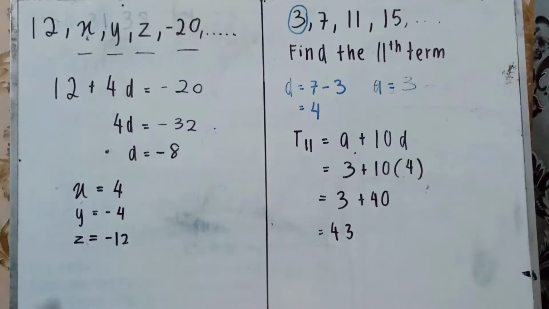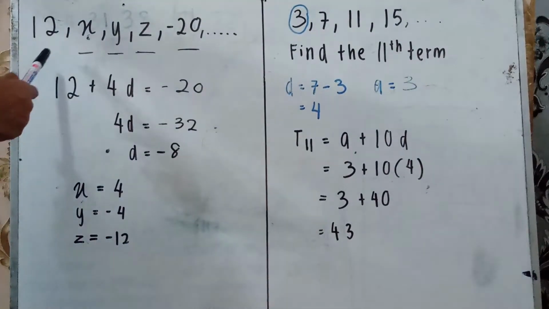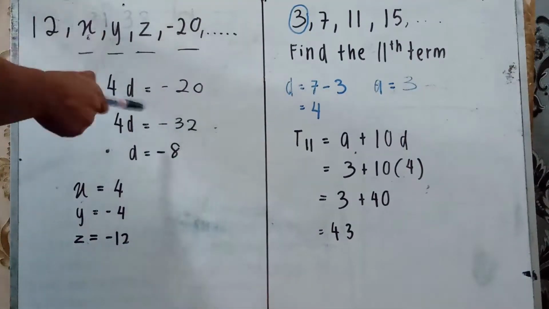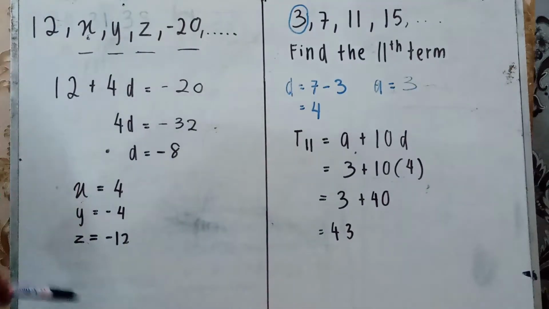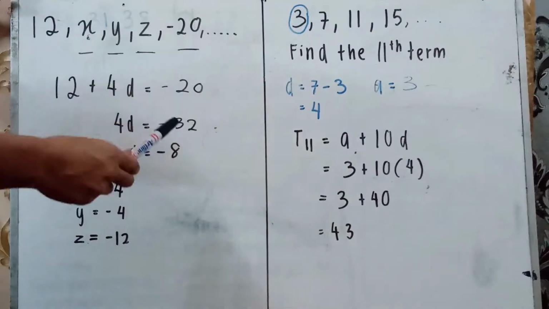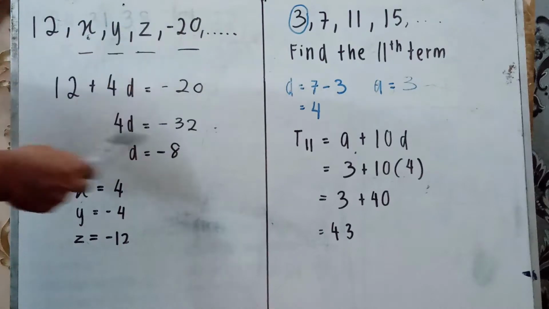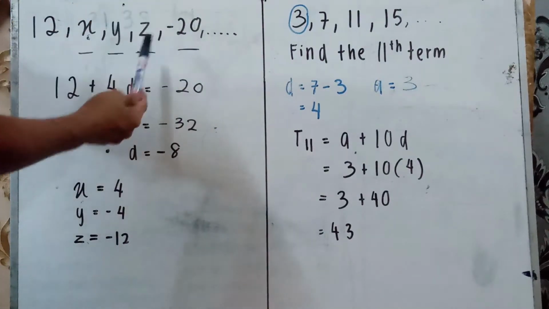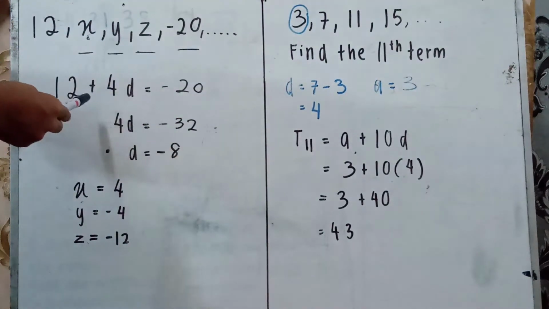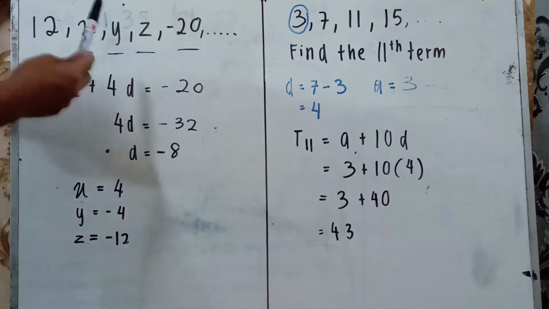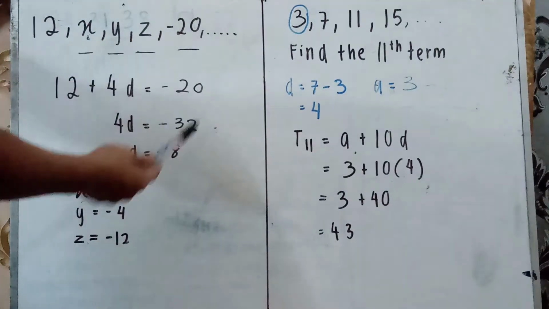For the next question, they tell you to find the values of x, y, and z. So we can assume that x, y, z, and negative 20, with d as the common difference. So 1d, 2d, 3d, and 4d. So we state that 12 plus 4d equals negative 20.